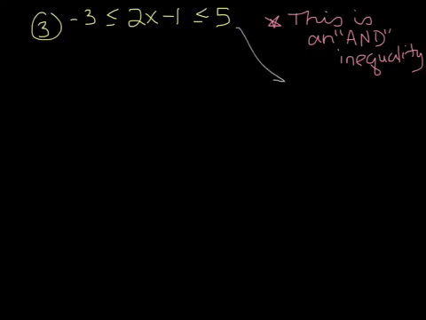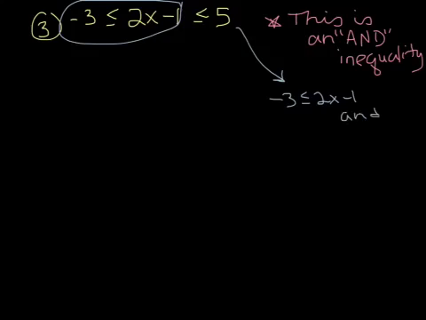Many students I've noticed like the second method better, but the first method you can do is you can rewrite this. So what you can do is you can rewrite the first half of it as -3 is less than or equal to 2x minus 1. Then you write and.